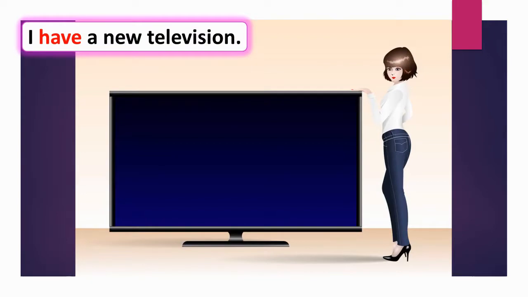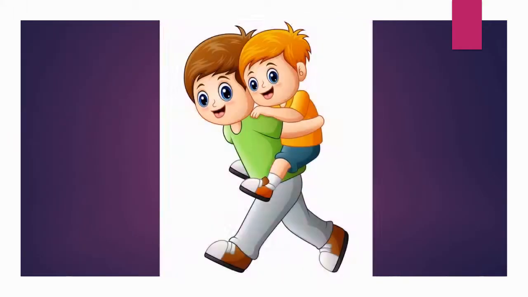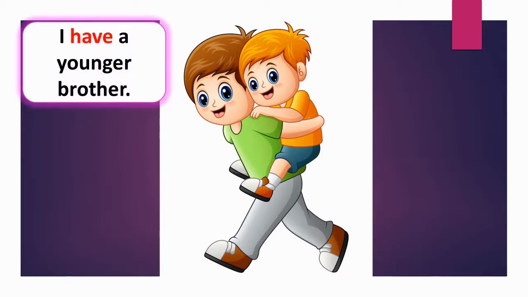I have a new television. You can see the girl has a new television. Now here you can see two boys. One name is Aman and one name is Mahesh.